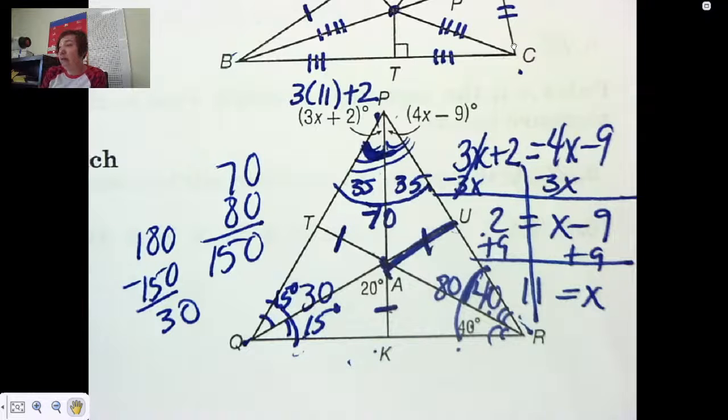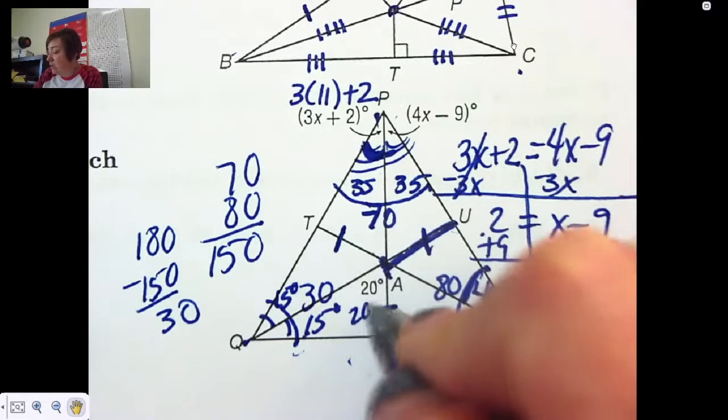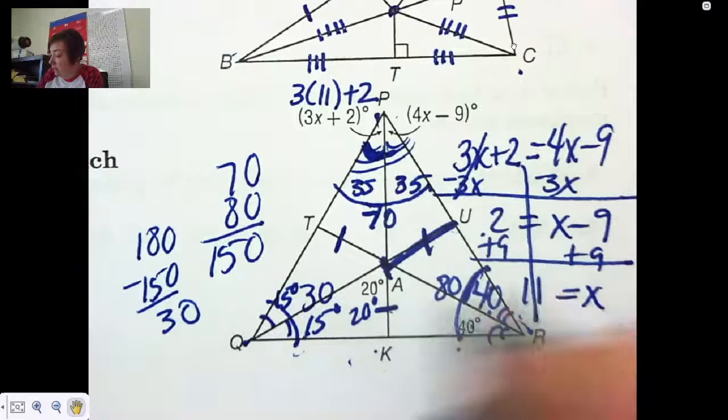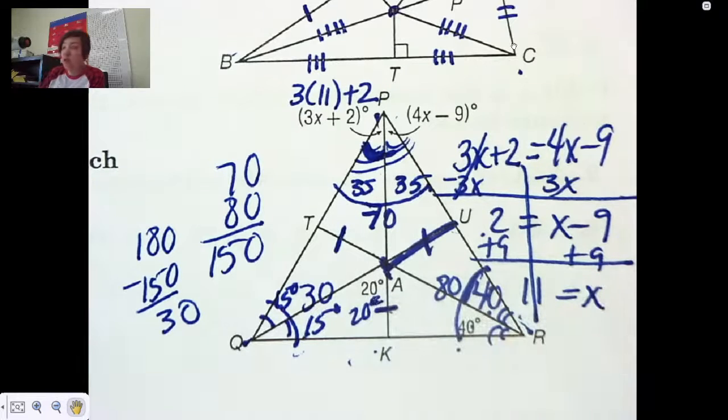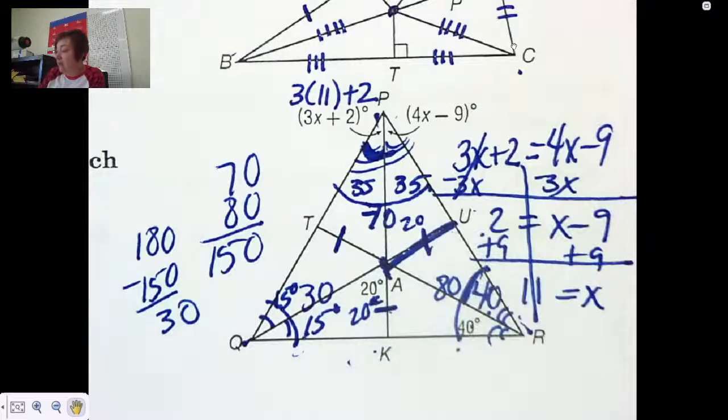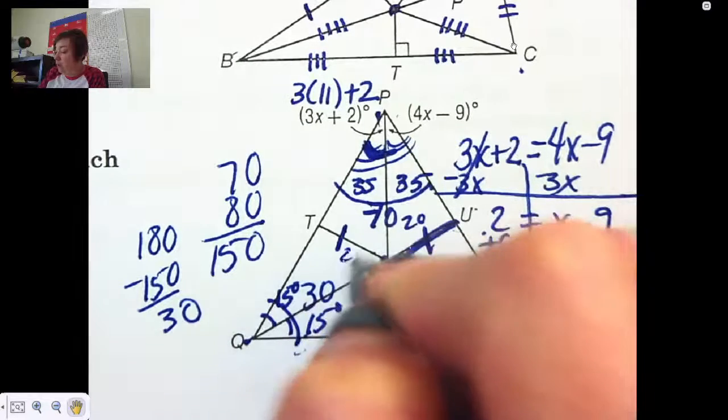Now, here's what I feel happened. Y'all see that little 20 degree right there? I feel like that's not supposed to be an angle measure. I feel like when they did this, that was supposed to be the length of AK, not degree, just 20. That's just supposed to be 20, and that's supposed to be how long AK was. And so if AK was 20, then AU would also be 20, and AT would also be 20.